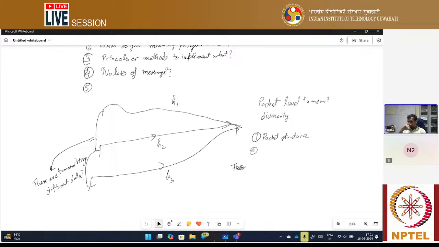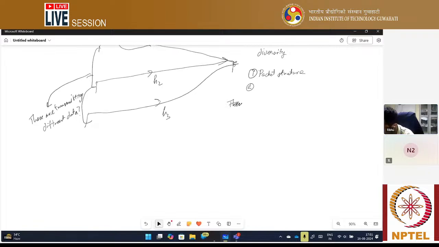Because right now, if these are transmitting independent data, I'll write it down here. What you will get is y equals h1 x1 plus h2 x2 plus h3 x3 plus some noise. This is what you will be getting.